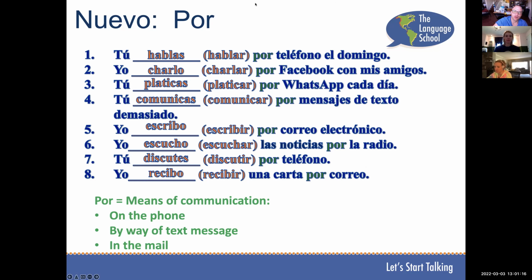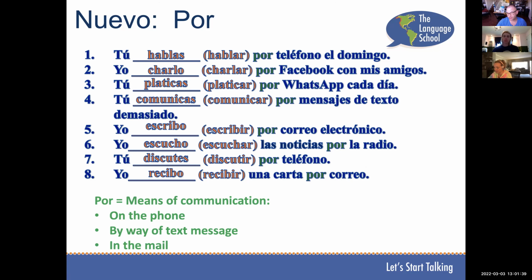Está bien. Okay, so here we're talking about communication. In the first few lessons, I was really big on teaching you how to study vocabulary, learning word for word what things are. And that works for probably 95% of the language.